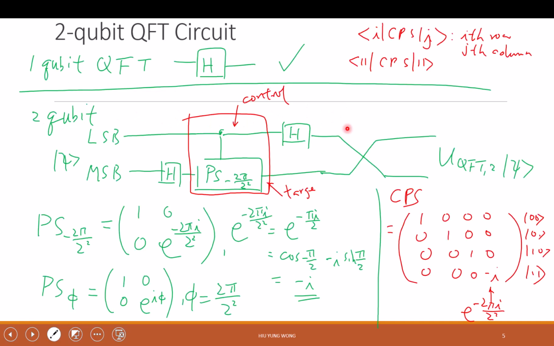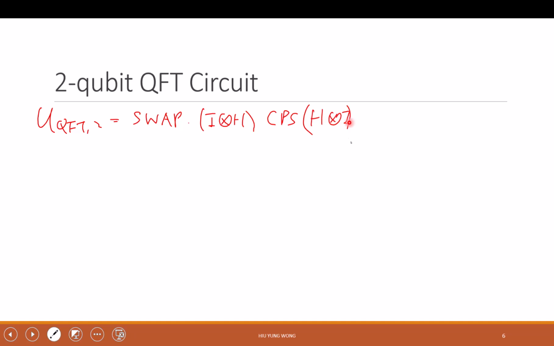The circuit goes from left to right, so when you do the multiplication, you start from this one, so the right part should be at the left. So first you have what? H tensor product I. Do you agree? This is H tensor product I because H is applied to the MSB.